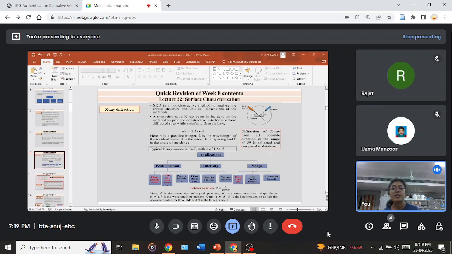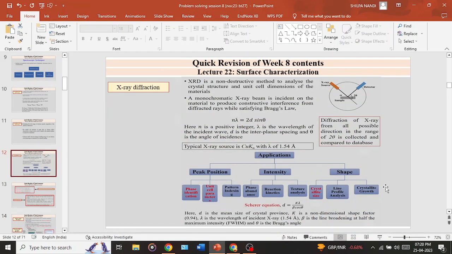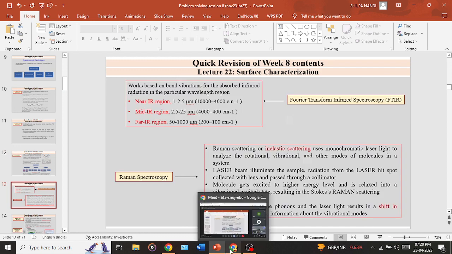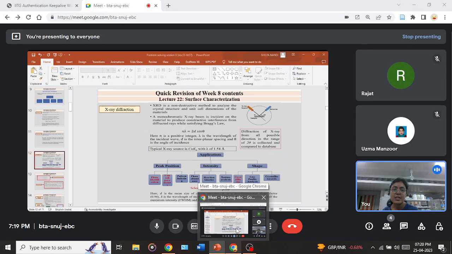So you must remember the wavelength for this kind of X-ray source, which is around 1.54 angstrom. XRD has various applications: peak positions, intensity, and shapes can all be analyzed. This is given in detail in the course videos.